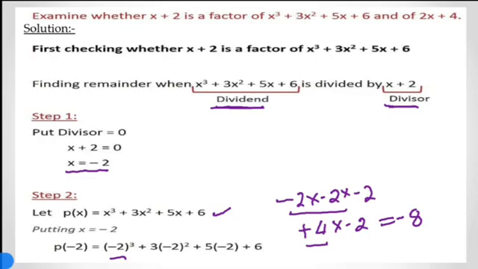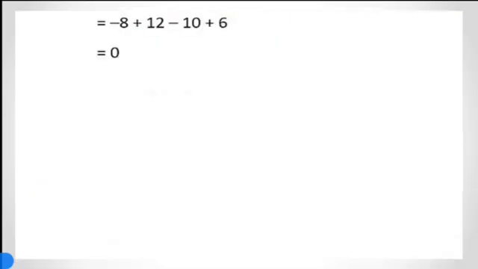So in the next step we get minus 8 plus 12 minus 10 plus 6. Here minus 8 minus 10 we get minus 18, and similarly plus 12 plus 6 we get plus 18. So minus 18 plus 18 we get 0.